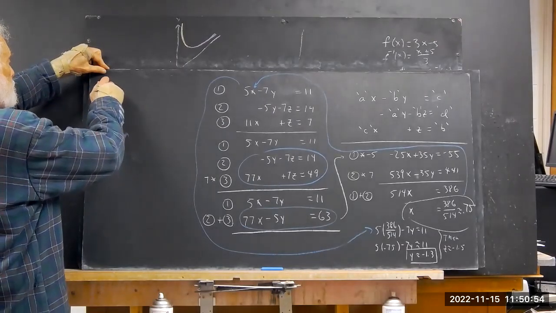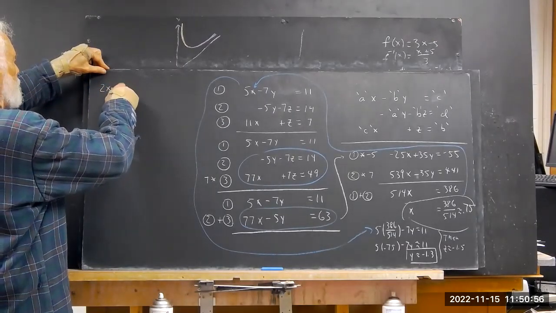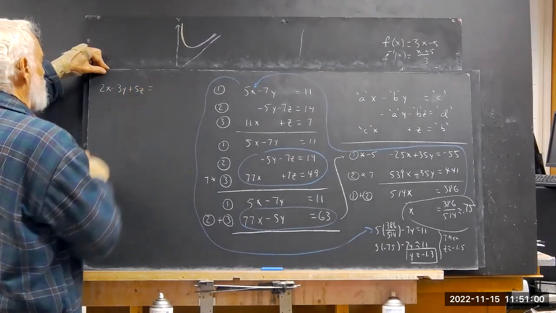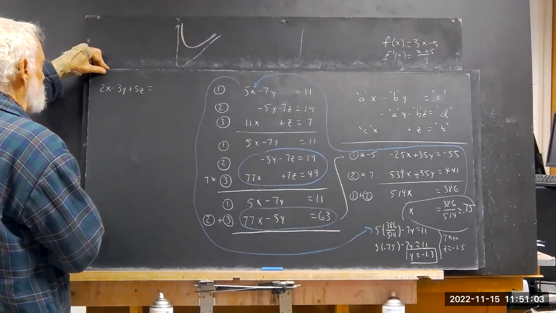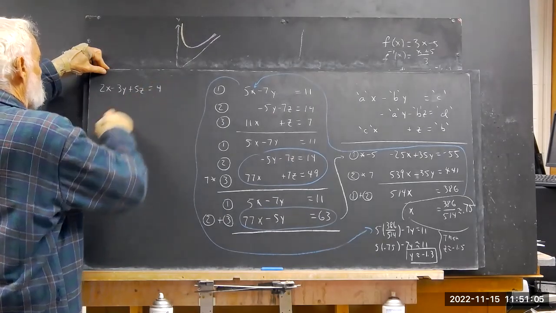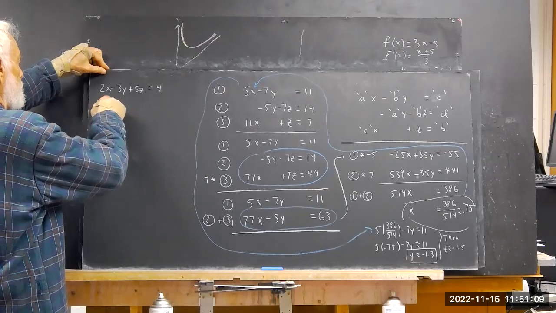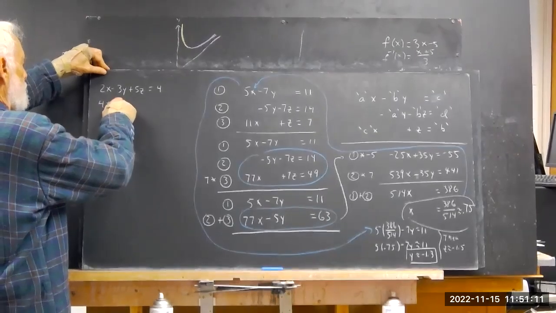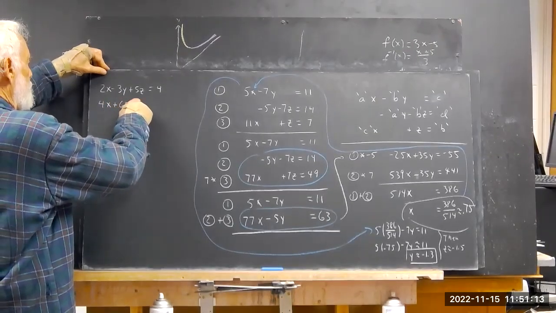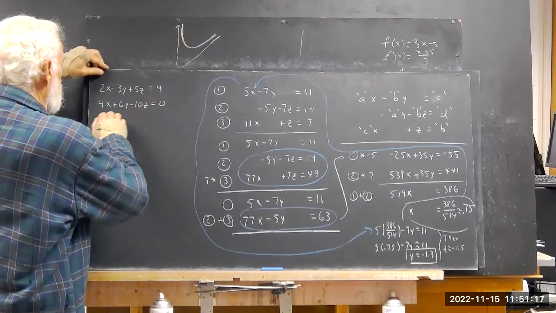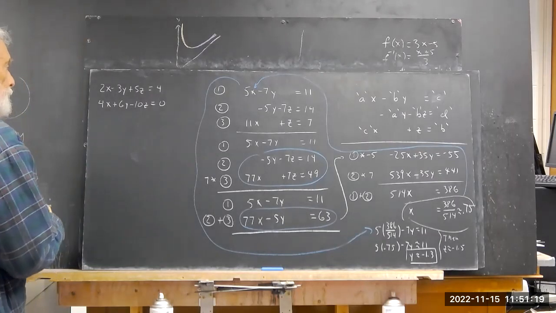So let's say we got 2x minus 3y plus 5z equals 8. 4x plus 6y minus 10z equals 0.